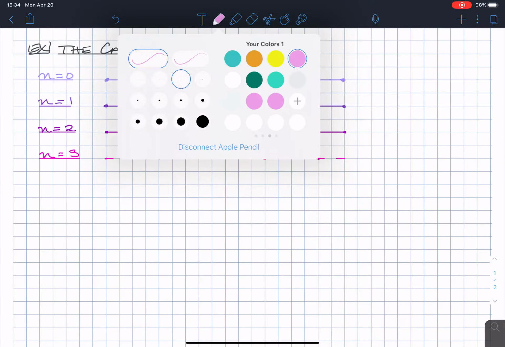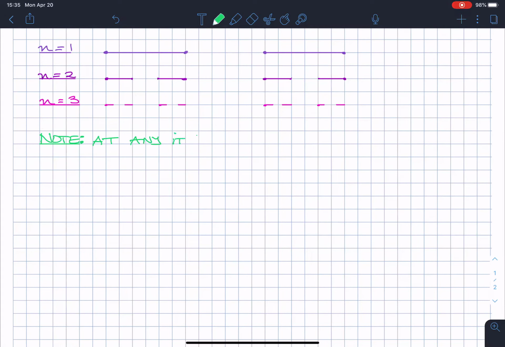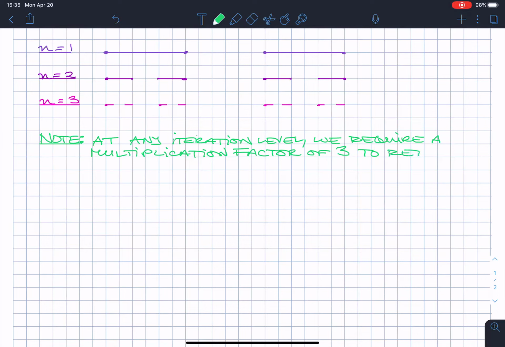So note, at any iteration level, we require a multiplication factor of 3 to return to the previous length.